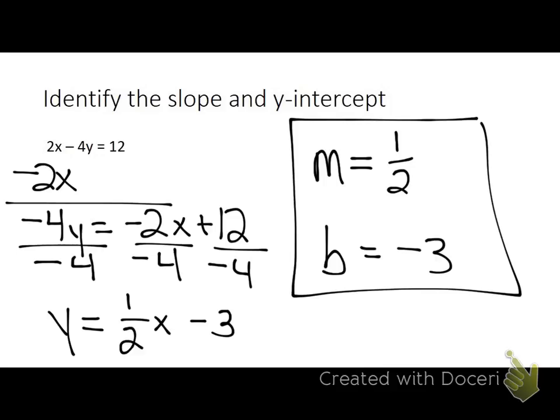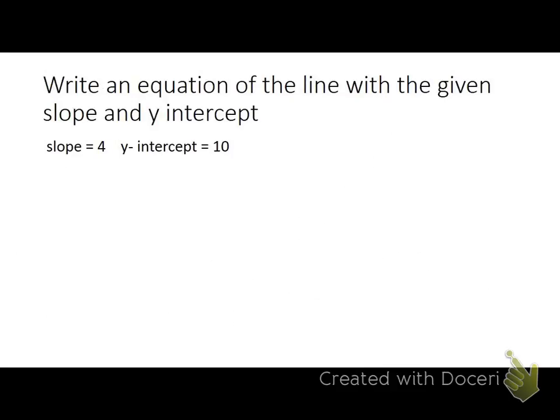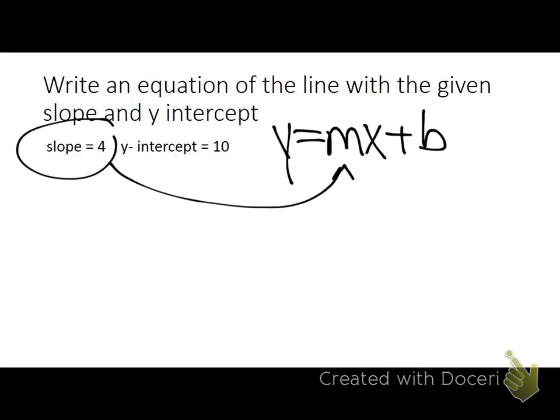All right, now I want to write an equation of the line with a given slope and y-intercept. So now I want you to write this equation. Okay, so you know that slope-intercept form is y equals mx, say it with me, plus b. So if you know slope, plug it in for m.